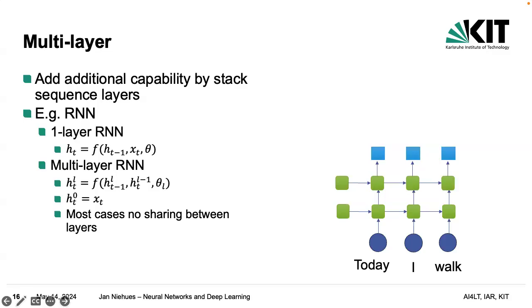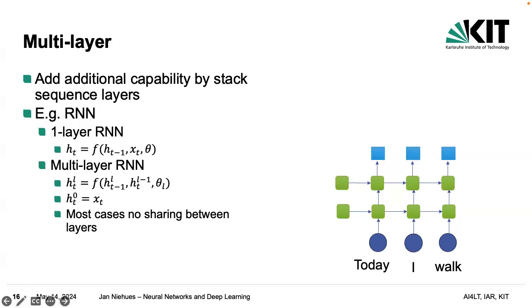So then A and B would be our theta. In the multi-layer case, it's quite easy now. For each layer, we have mainly the RNN function, which now depends also on the current layer, which means, of course, you also typically have different parameters in the different layers. So your A is different in the first, second, or third layer because you want to do something different.